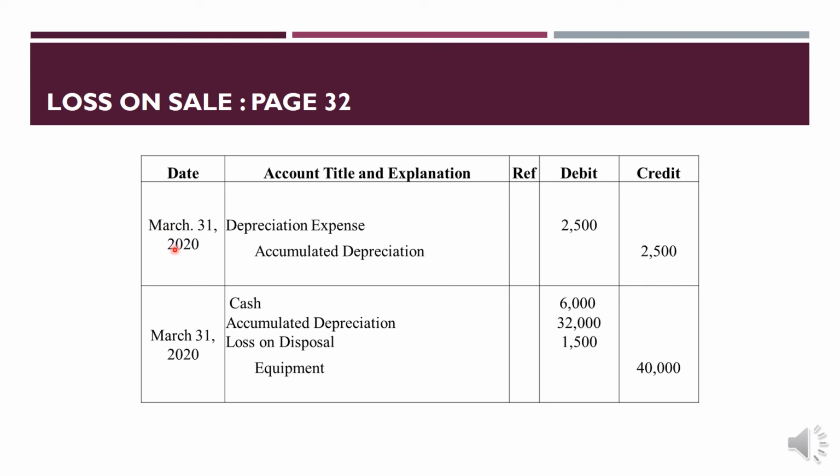And the recording will be depreciation expense and accumulated depreciation 2,500, 2,500, and the disposal will be truck $40,000, the proceeds, which is the cash, 6,000, the accumulated depreciation, which is 32,000, and the difference between the debit and the credit will be the loss on disposal.